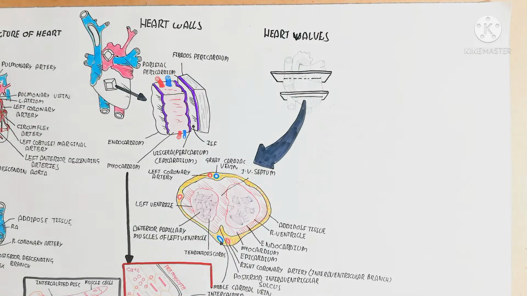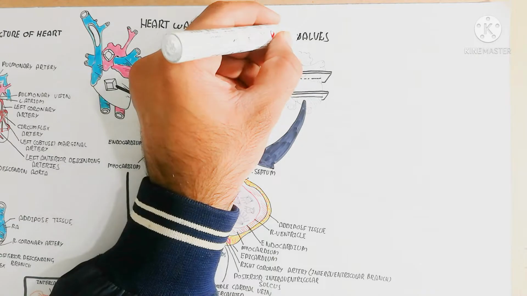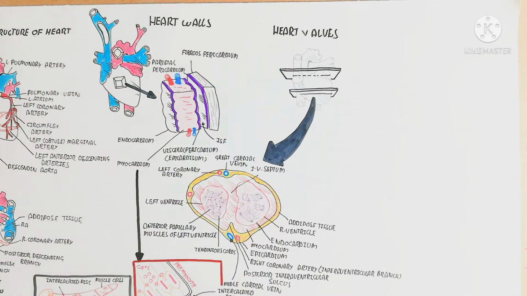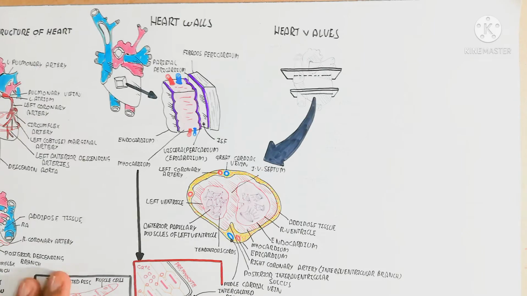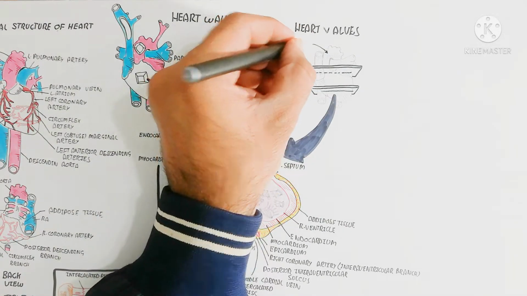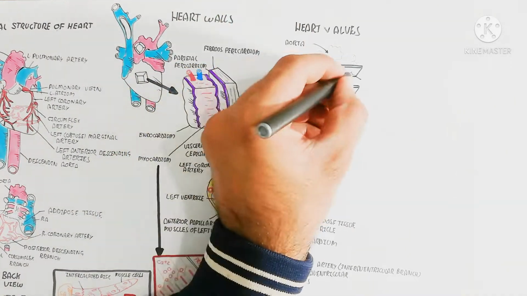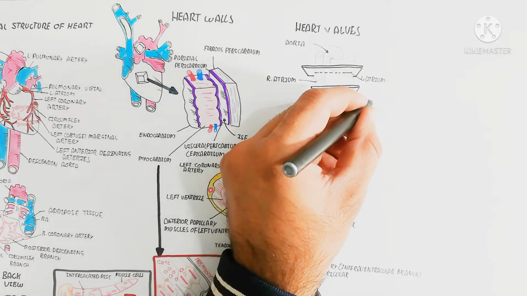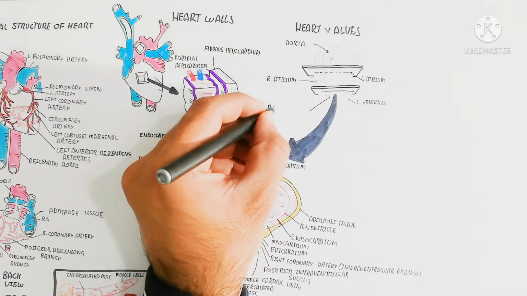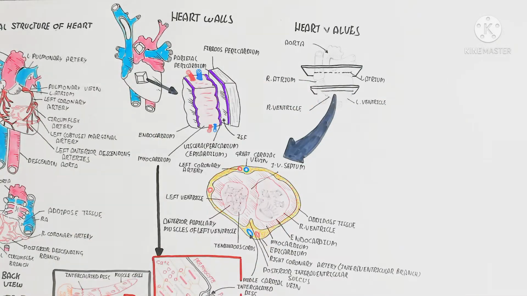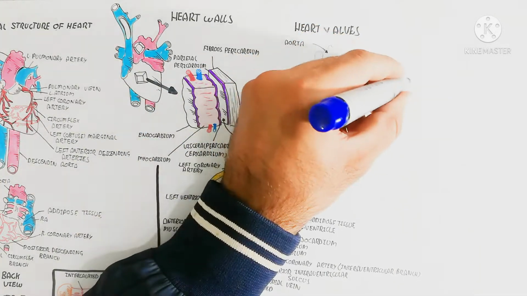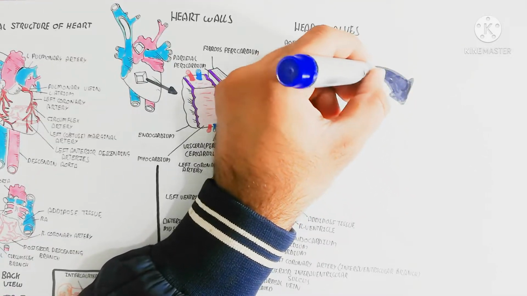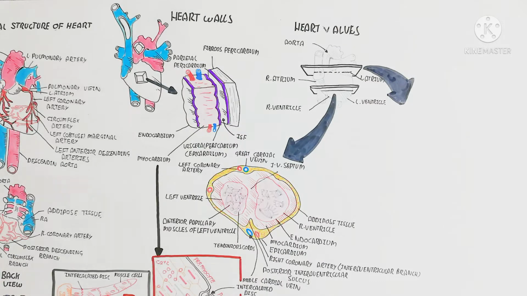But I am telling you again that there are many myocyte layers in the left ventricle for ejecting the blood strongly. That is why the ejection is stronger compared to the right ventricle, because the right ventricle is used for sending deoxygenated blood to the lungs, so it does not need too much pressure.